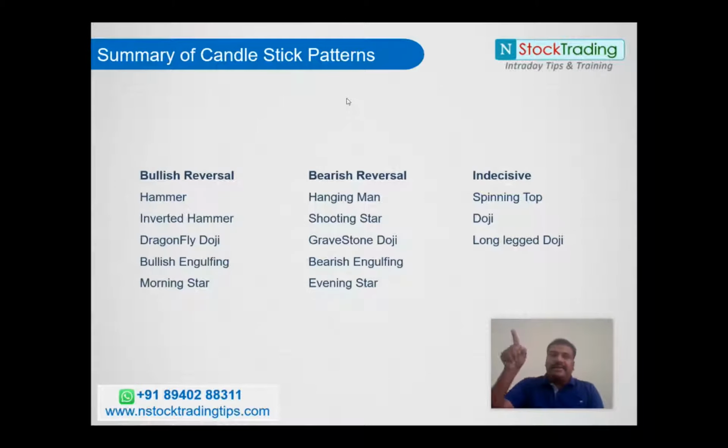All these happen on the top. The Gravestone Doji, the Bearish Engulfing, the Evening Star. Then indecisive: we have the spinning top, the doji, and the long leg doji. Whenever we see these three types of indecisive candles, we have to wait. We are not going to do anything. No action will be taken. If you're holding, wait. If you want to enter, wait.